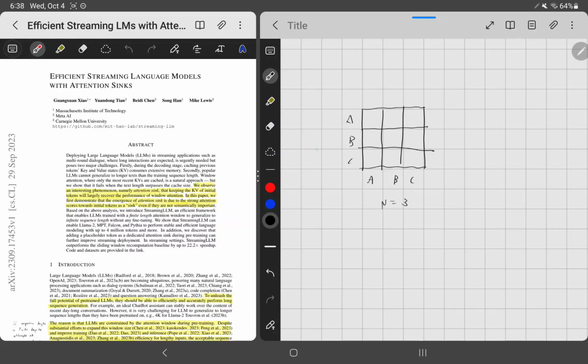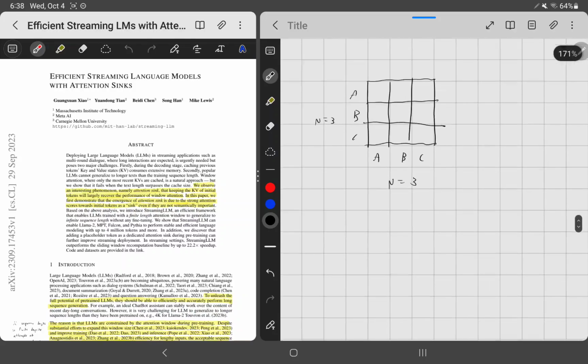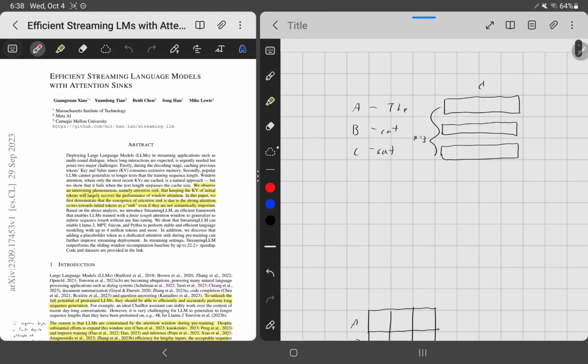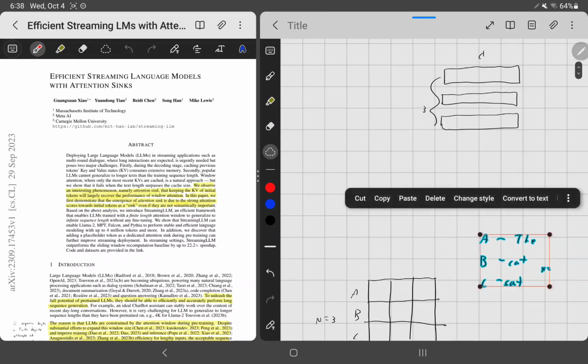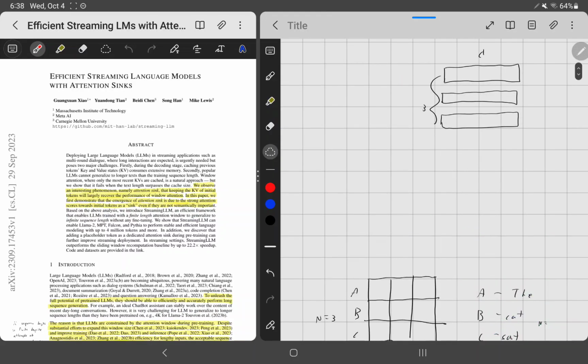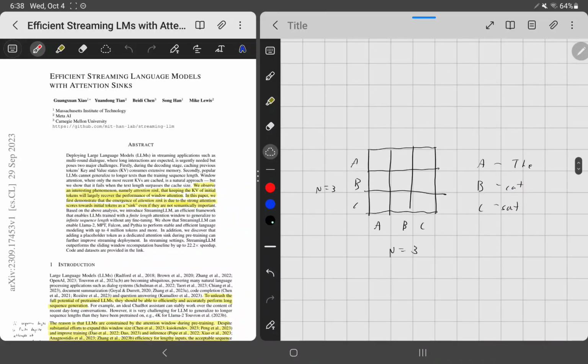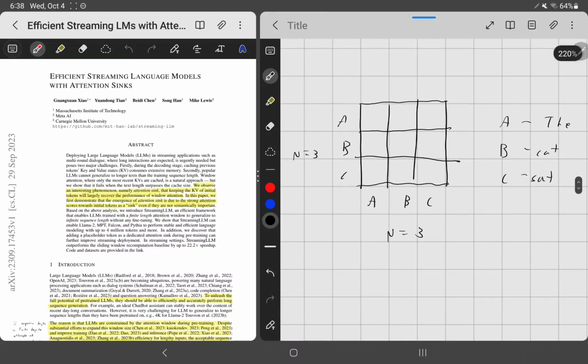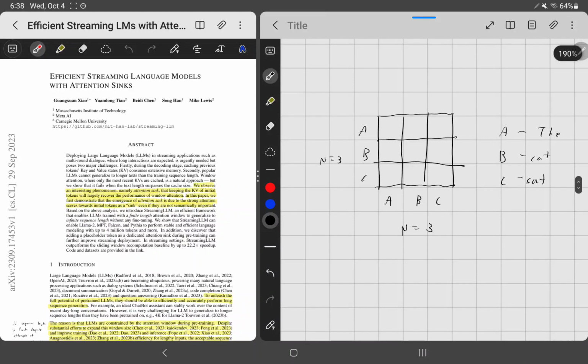Basically this tells you how much information you're going to be routing between tokens. So this first word A sends information to itself, obviously, and we're going to have these attention scores.